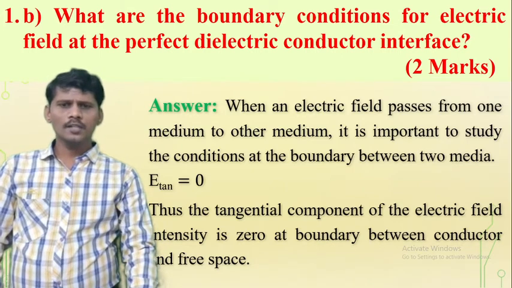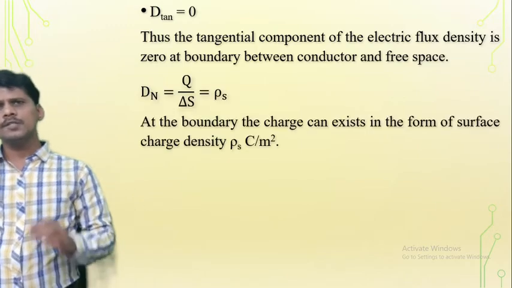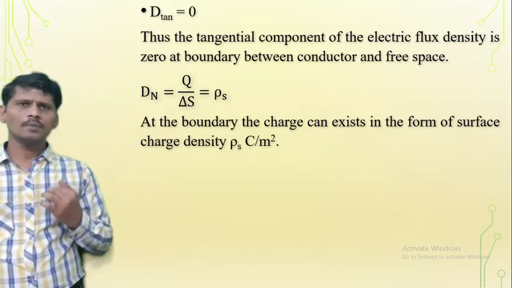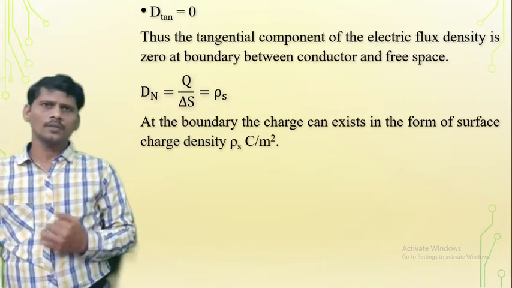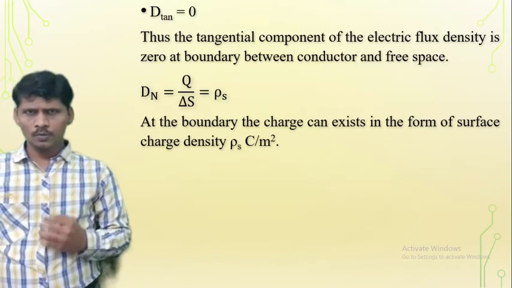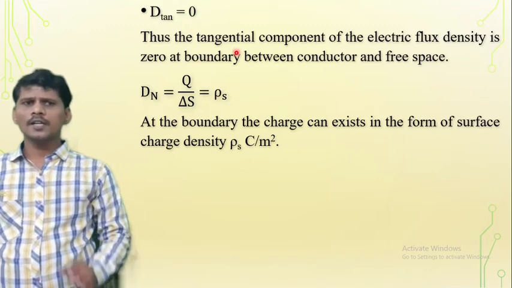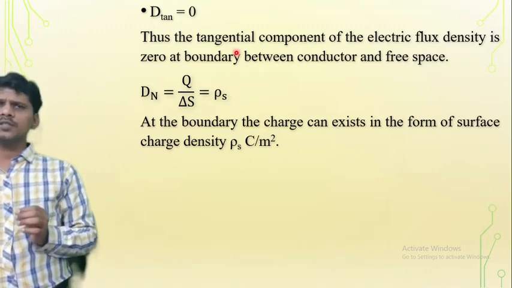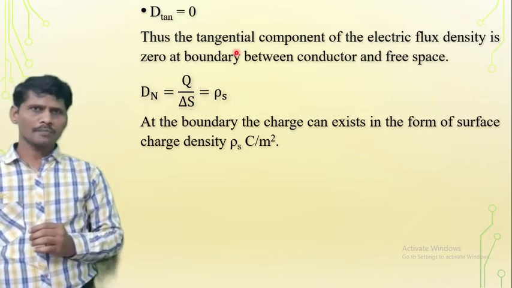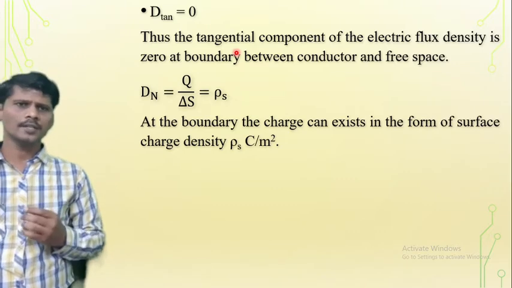But we know the relationship between electric field intensity and electric flux density, D bar is equal to epsilon into E bar. Because the tangential component of the electric field intensity is 0, the tangential component of the electric flux density is also 0. That is, D tangential is equal to 0. And the normal component of the electric flux density is rho s.